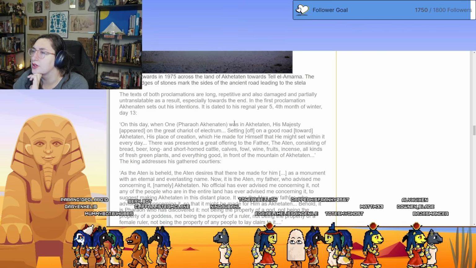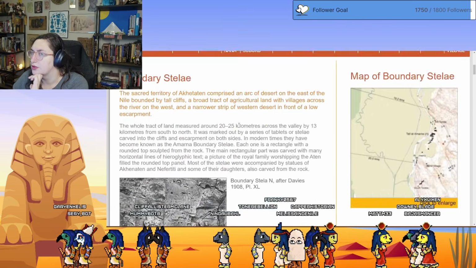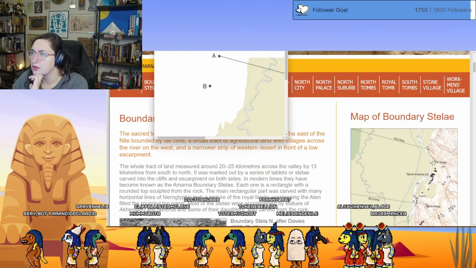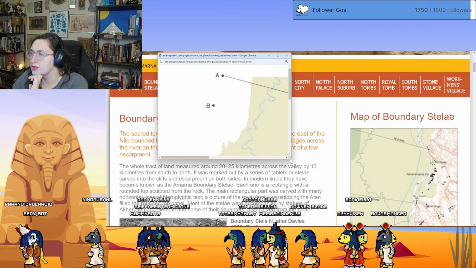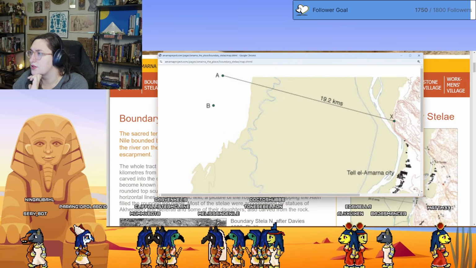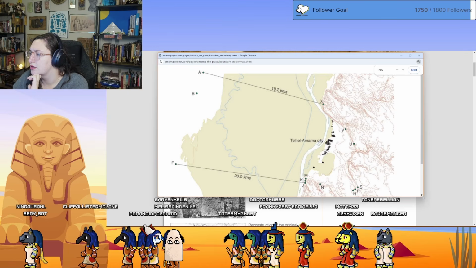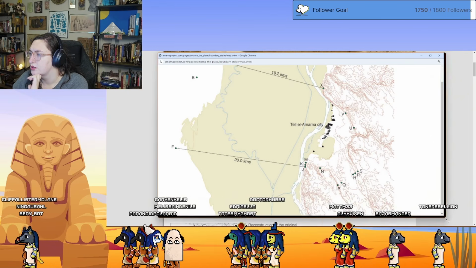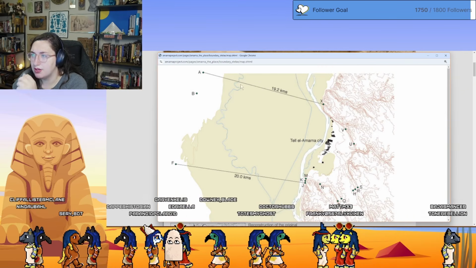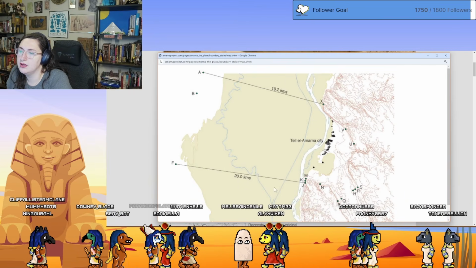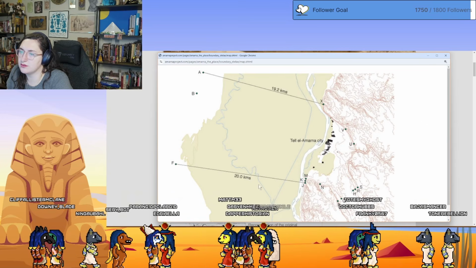That's somewhere on... Where'd the map go? So you can see it's about 19.2 kilometers from X to A and 20 kilometers, that's pretty far.